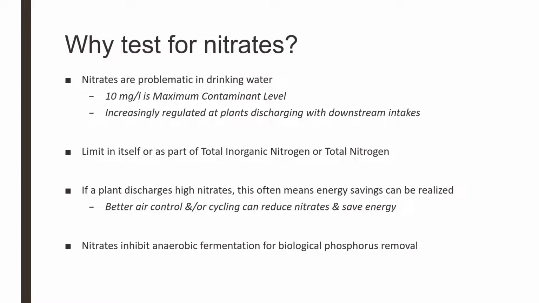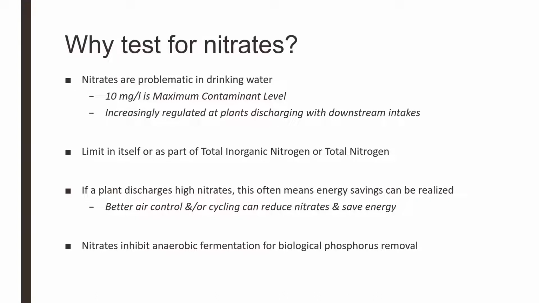The limit is often as nitrates, or it can also be part of a sum of nitrogen compounds in your wastewater. So you might see it as total inorganic nitrogen or total nitrogen. Nitrates in many cases will be the bulk of either total inorganic nitrogen or total nitrogen.